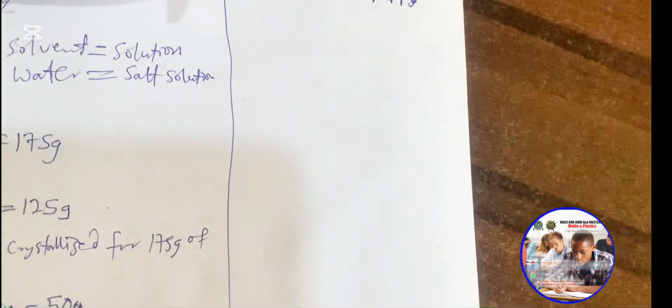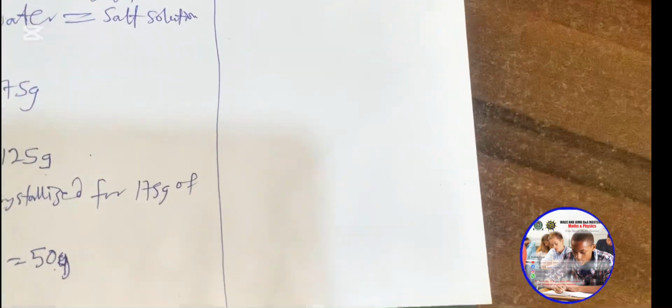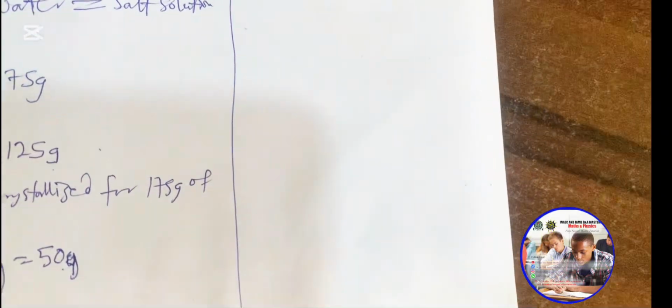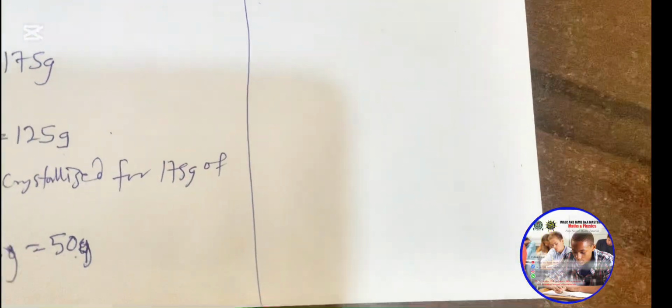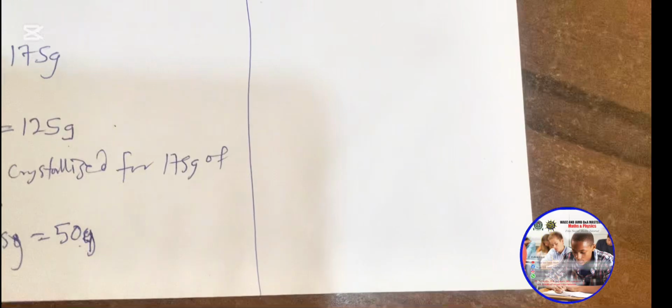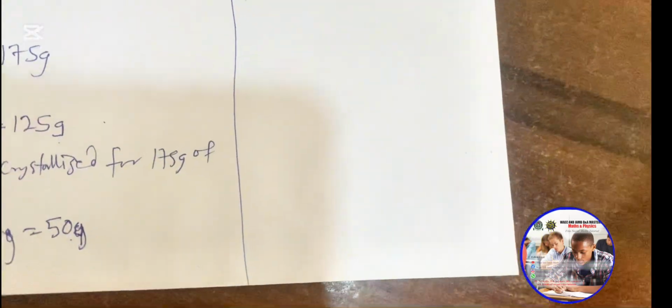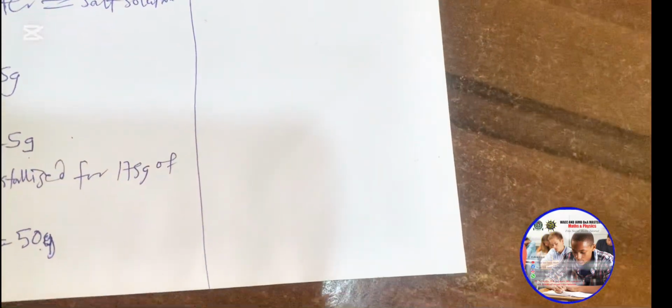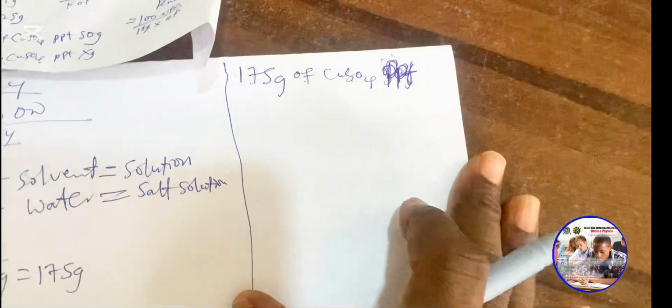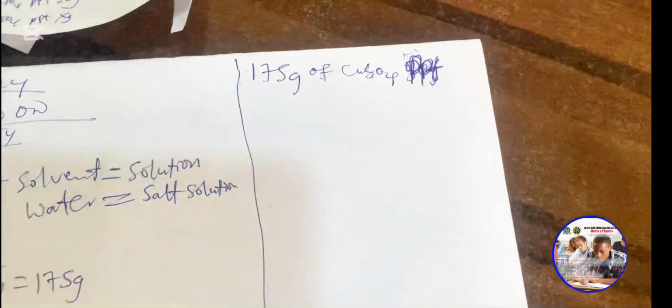Crystallization is the process by which a solid is formed from a liquid or gas, often for the purpose of purification, while precipitation is the process by which a solid is formed and separates from a solution due to chemical reactions. So the bottom line here is that a solid is formed in both of them.